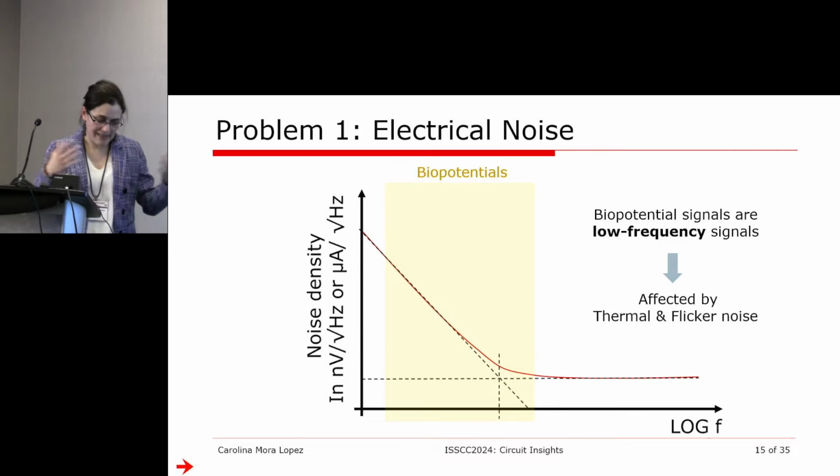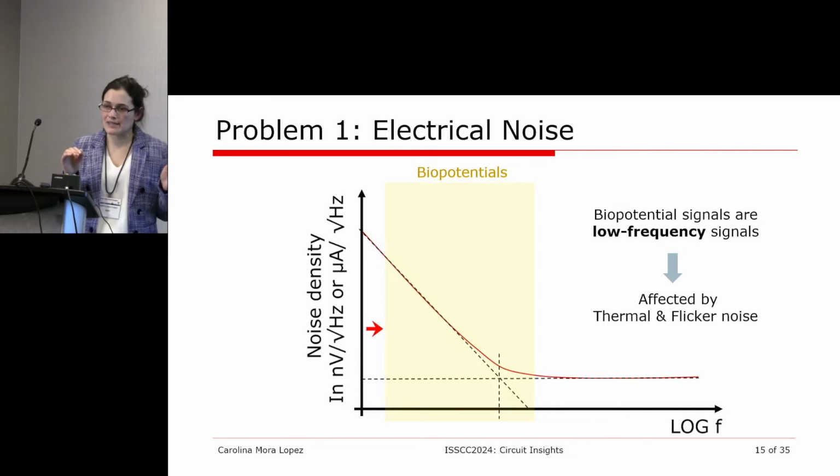So why is this so important? Why am I talking about electronic noise? If we plot the noise spectrum that I just showed you, which represents the noise of a transistor and also of an amplifier in general, and we plot on top of it the frequency band of biopotential signals, you will see that these biopotential signals coincide with a very big portion of the 1/f noise and also a portion of the thermal noise.